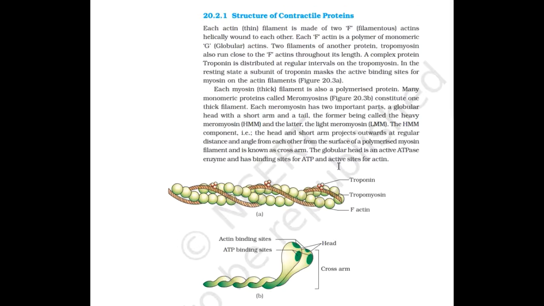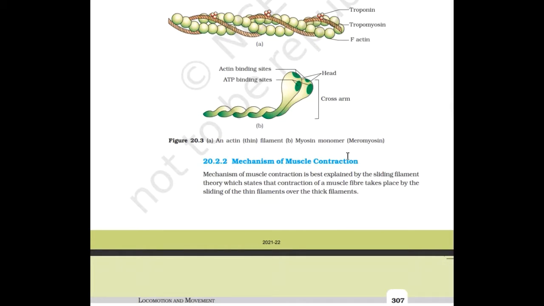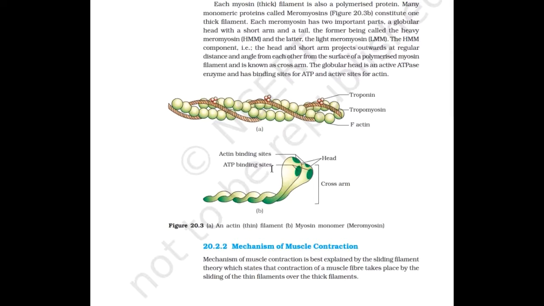The globular head is an active ATPase enzyme and has a binding site for ATP and an active site for actin. Here they have represented an actin, which is a thin filament which has troponin, tropomyosin and F-actin. And second is myosin, which is the thick filament.